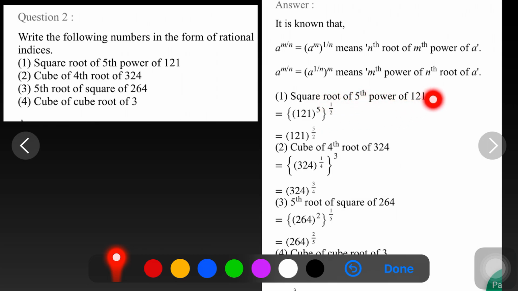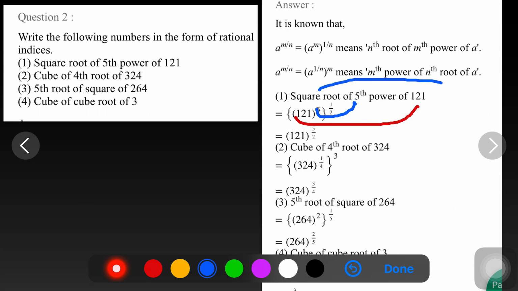So first you will write the base which is given at the last, 121, as the base. Now fifth power. The square root, given at the start, will come outside the bracket. Fifth power will come inside, so bracket 5 and curly bracket, and then 1 upon 2, that is square root.